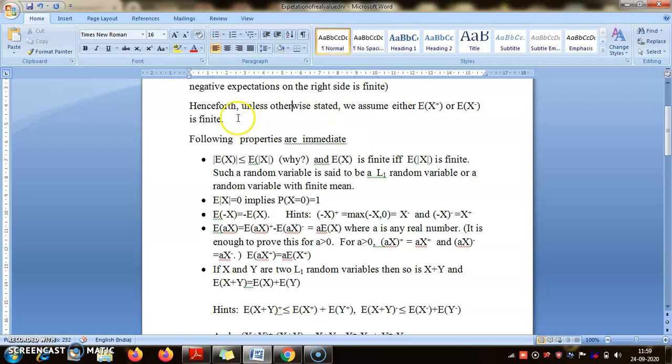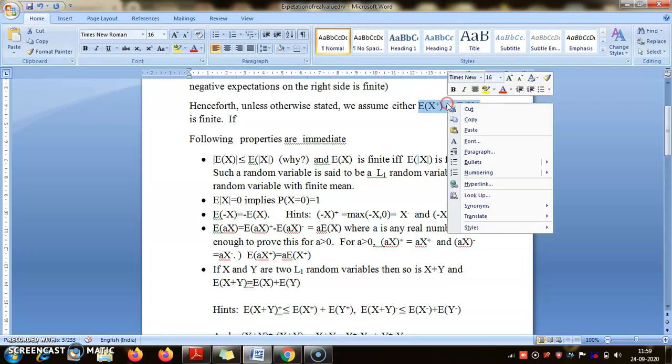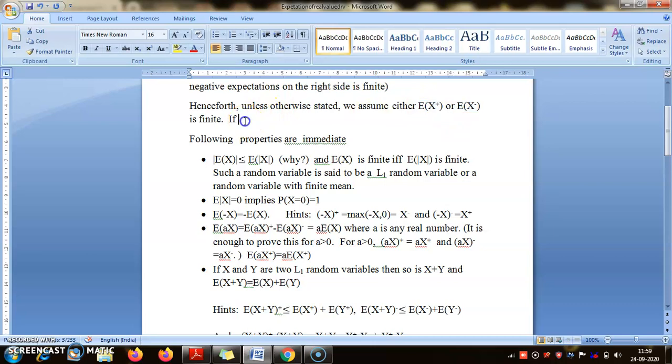Probably I should write here that if a and b are both finite, then we say x is integrable.